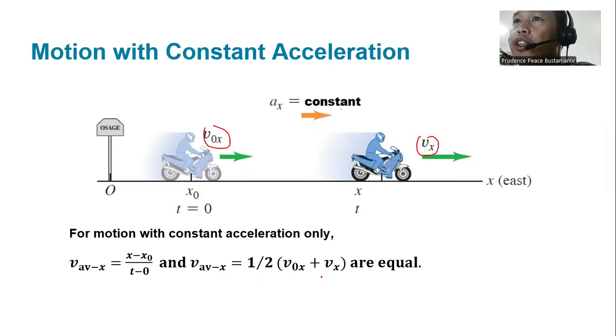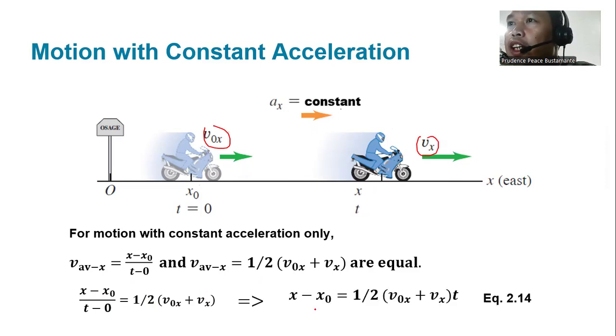Because they are equal, we can equate them: x minus x sub o over t minus 0 is equal to 1/2 (v sub o x plus v sub x). We can multiply both sides by t, so the left-hand side is x minus x sub o, equal to 1/2 (v sub o x plus v sub x) times t. This is the second equation.